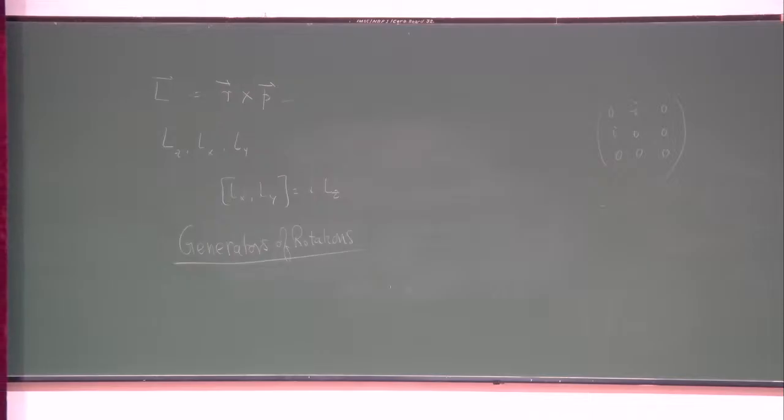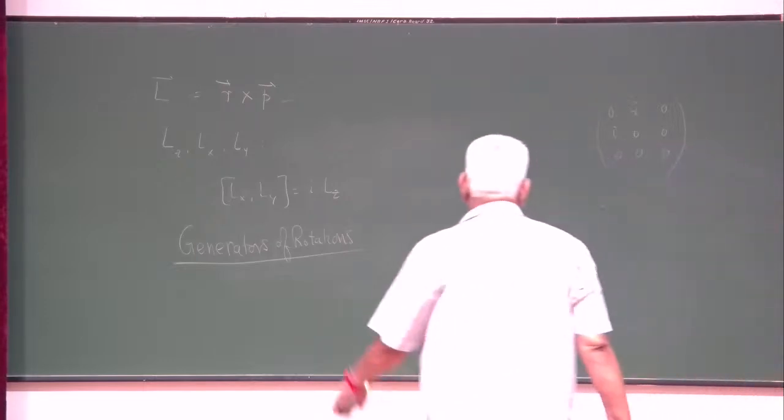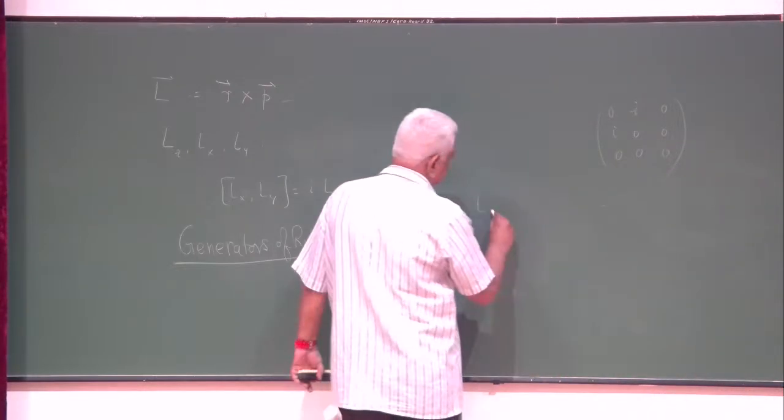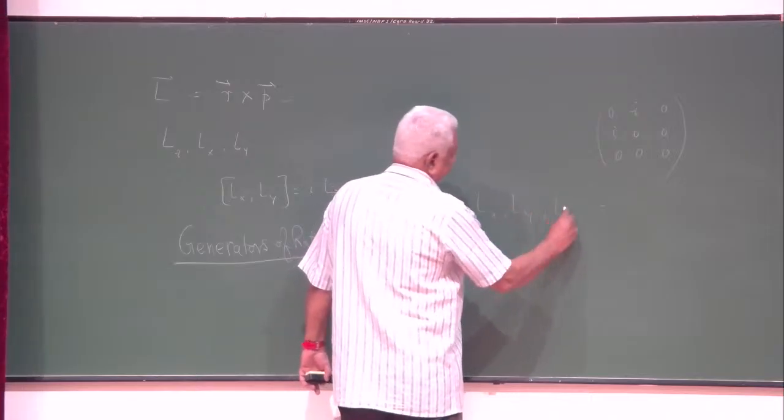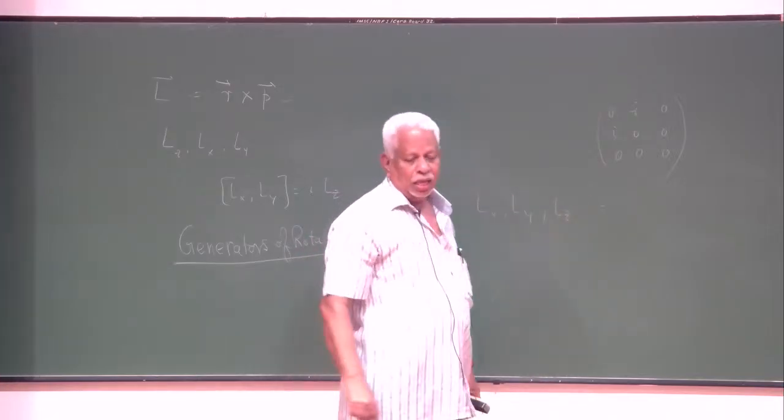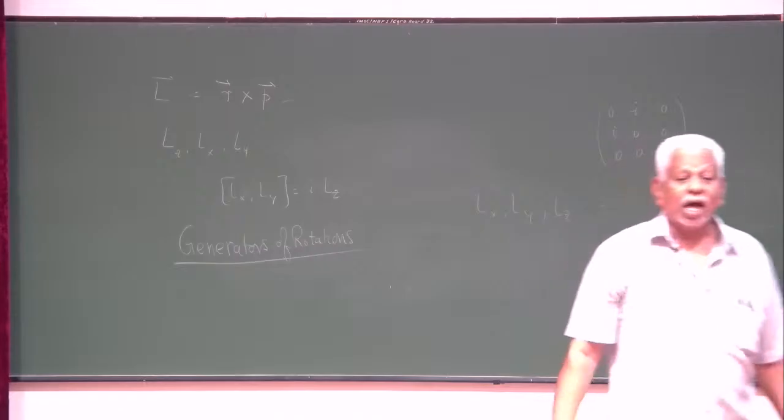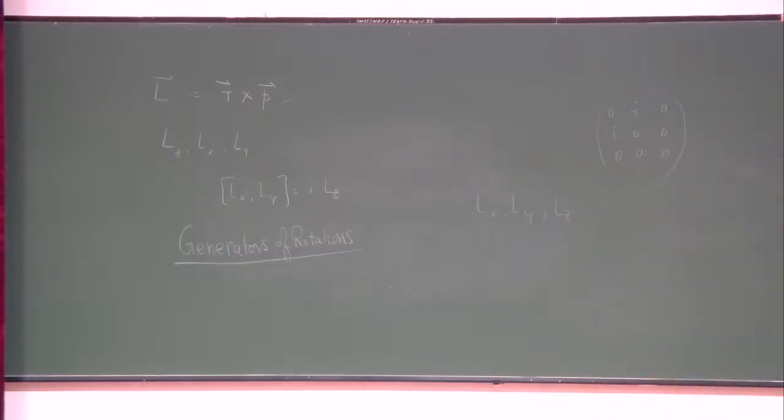Because you know, if I work out for this matrix, say Lz, for this matrix Lx, Ly, Lz, I can work out what are the eigenvalues of Lz. The eigenvalues of Lz will turn out to be 1, 0 and minus 1.